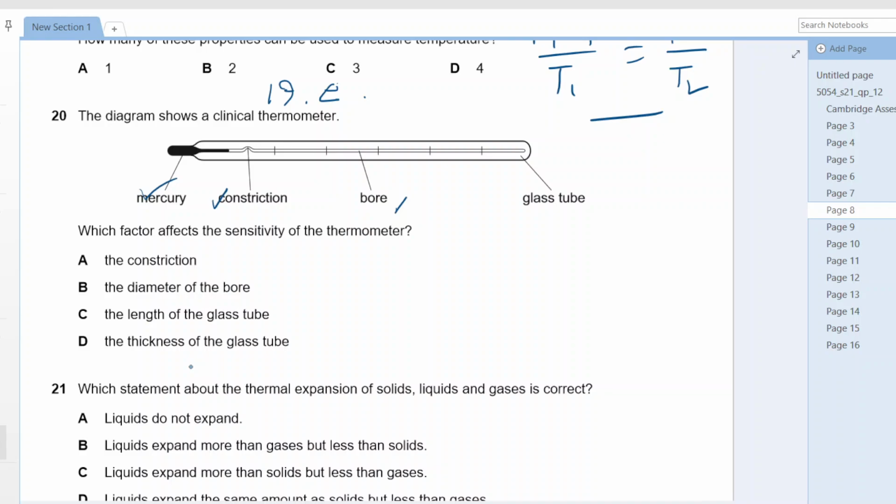Therefore, sensitivity depends on area of cross section of the bore. This area is linked to the diameter of the bore or radius of the bore. And at question 20, answer is diameter of the bore, D.